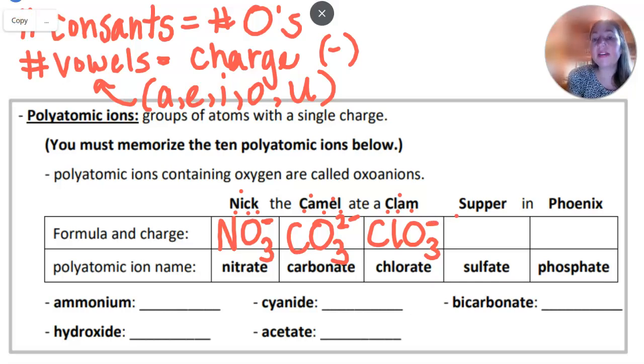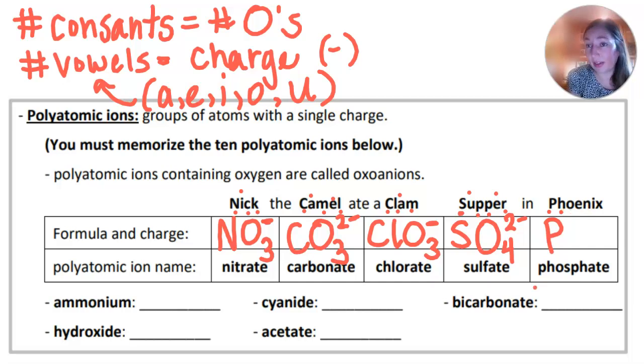ClO3 minus. Supper. Okay, so we have one starting with S. Supper has 1, 2, 3, 4 consonants. This ion's SO4. Supper has 2 vowels, U and E, so it's going to be a 2 minus charge. And then we get to Phoenix. That's an ion starting with P. Well, your first issue is spelling Phoenix, I think, so I have to know how to spell that, to kind of practice that.